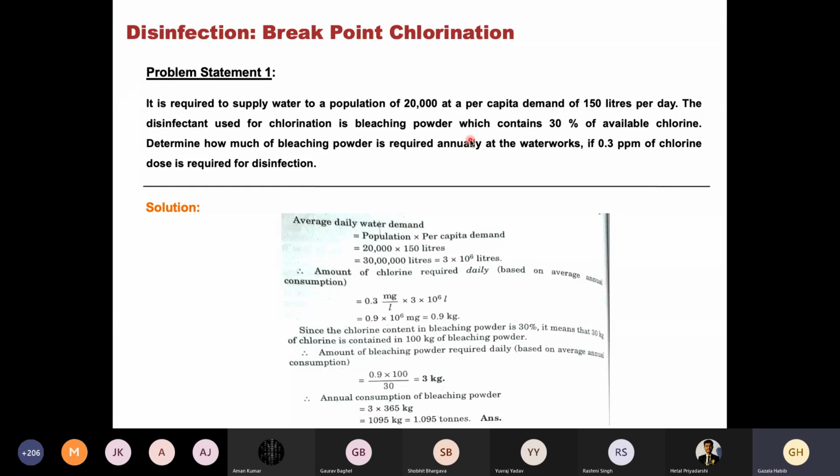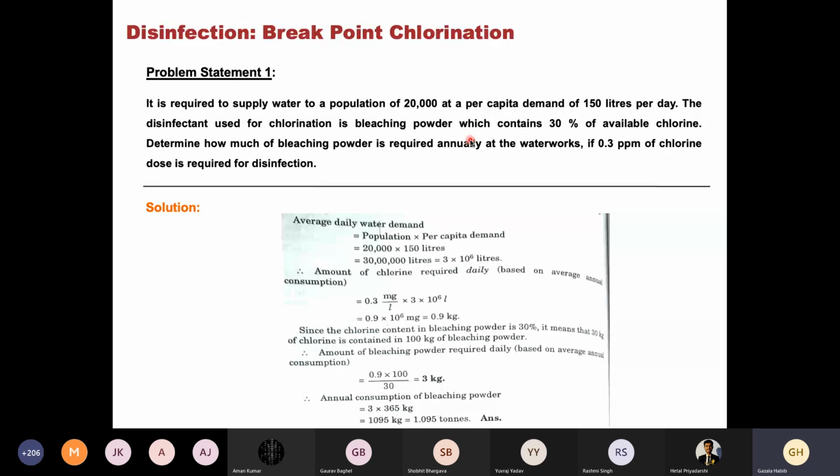Another chlorine compound which is sometimes used for disinfection of water is bleaching powder, or chlorinated lime, or calcium oxychloride. Three names: bleaching powder, chlorinated lime, or calcium oxychloride. Its formula is CaOCl2.